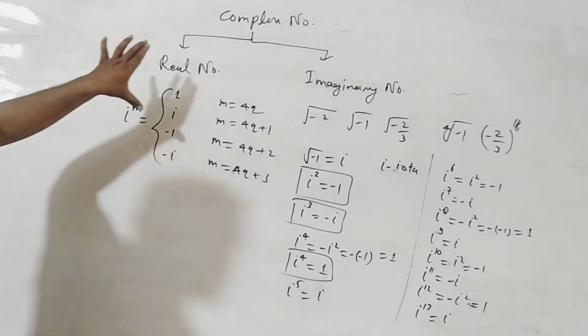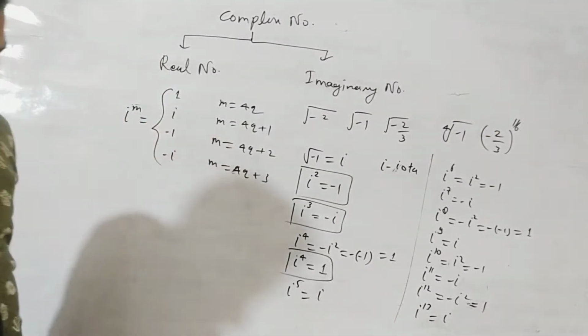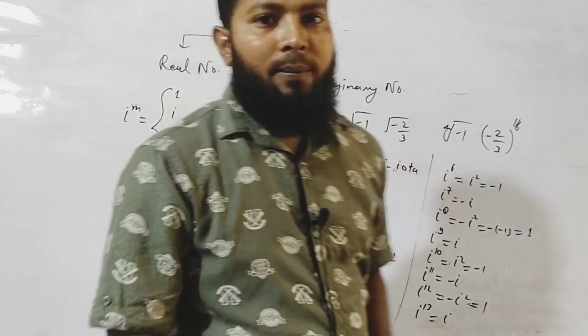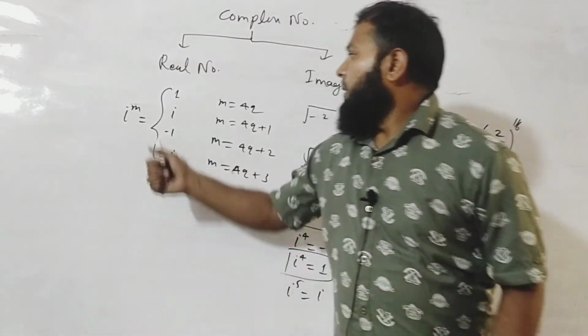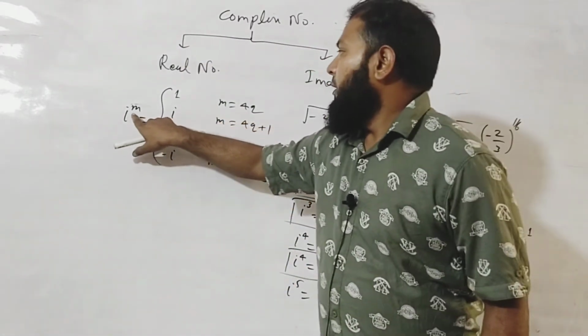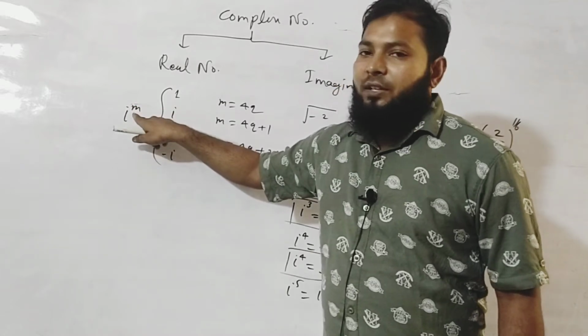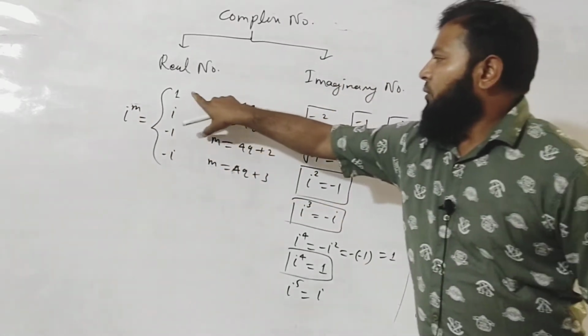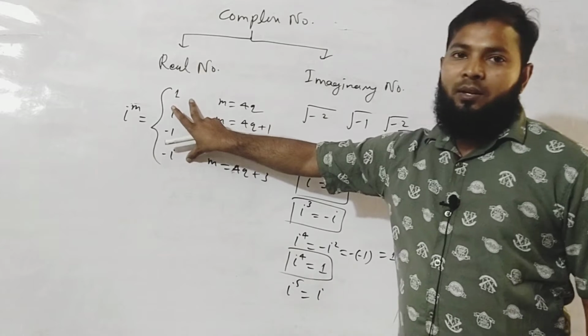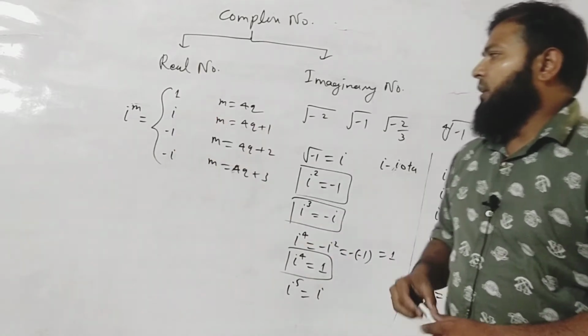Okay, these 4 values always circulate whenever the power of i is an integer.